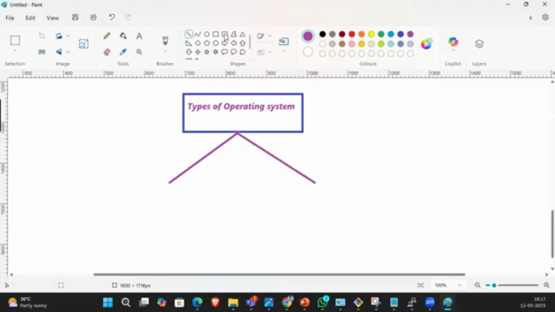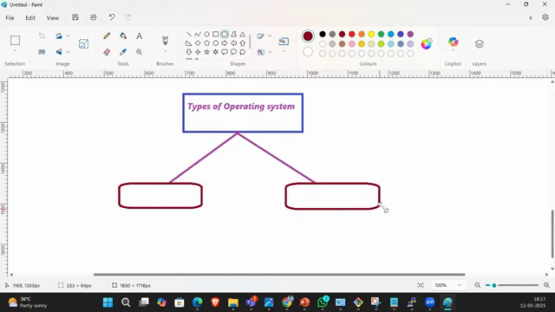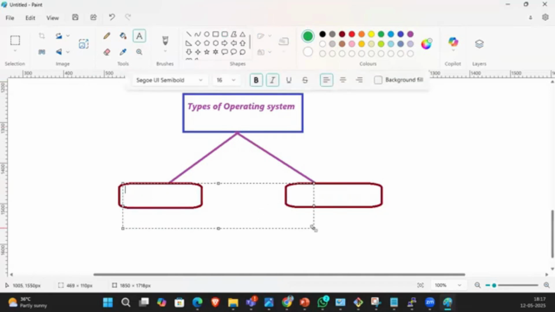So how many types of operating systems do we have? So we have two types of operating systems. One is a single user operating system, and the other is a multi-user operating system.